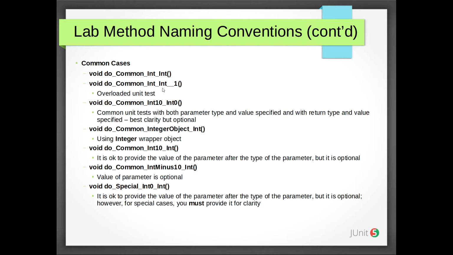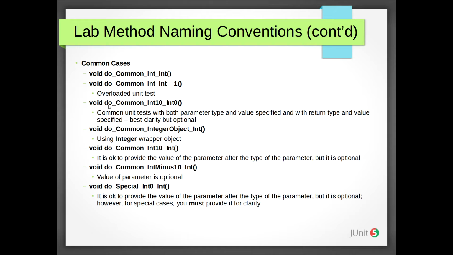Overloaded unit test, for example, could be void do underscore common int 10 underscore int 0. In this case, we are saying we are passing an int value of 10 and we should be getting an int value of 0. I'm sorry, overloaded unit test means that it applies to the void do underscore common underscore int underscore underscore 1.